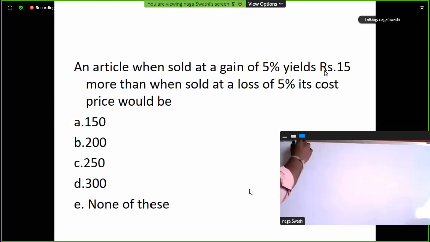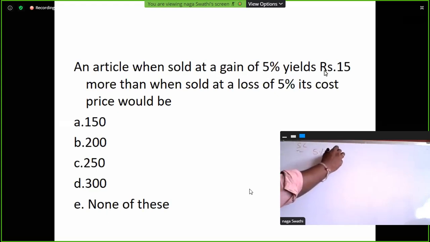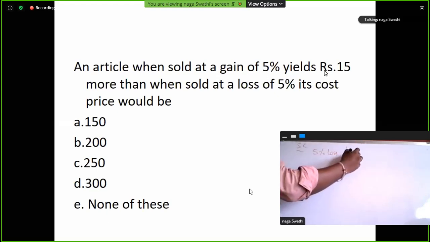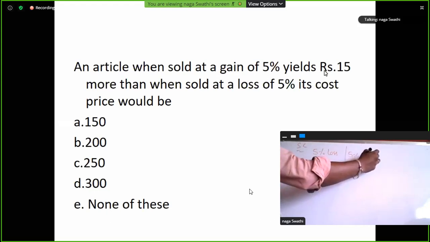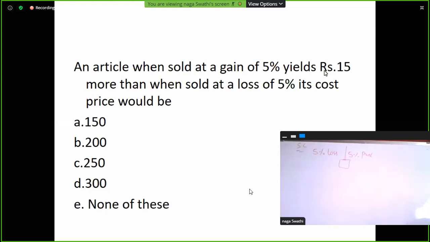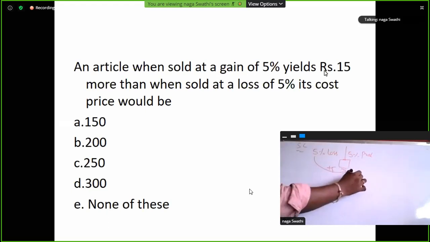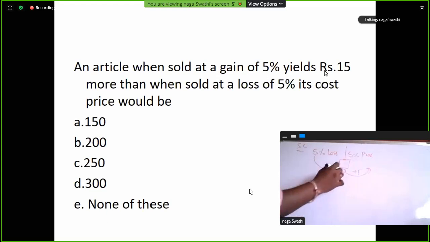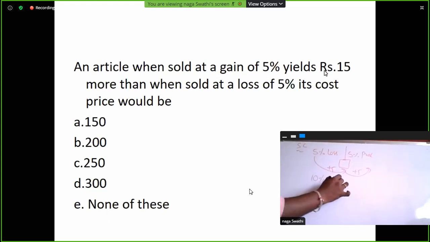Next shortcut, ma'am. Shortcut. 5% loss. Okay. Next one, 5% profit. Okay. So this is the neutral position. Clear? So 5% loss from here to here plus 5. From here to here plus 5. How much it is? 10%. So 10 percentage is equal to 15 rupees. Cost price is always 100%.